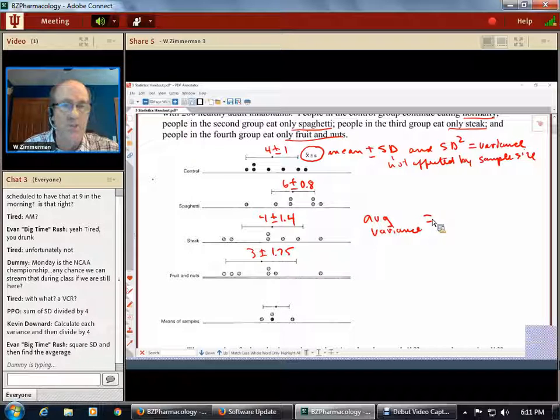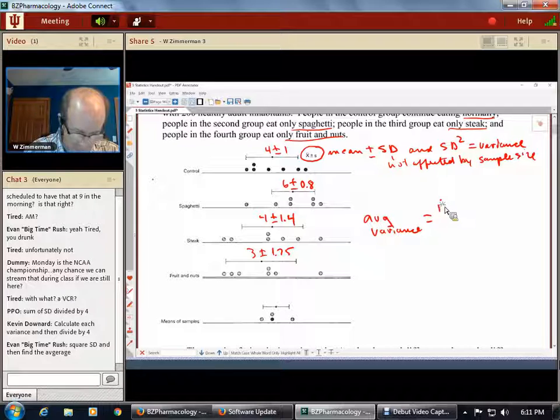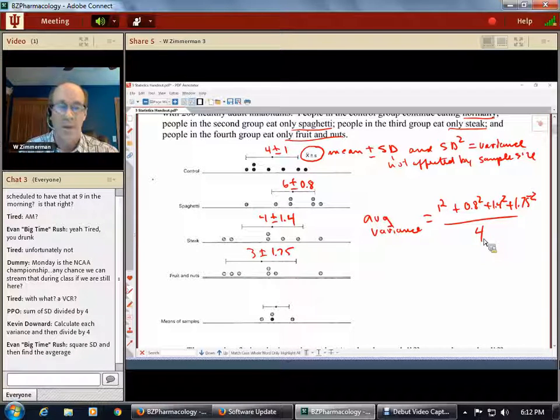I want the average variance. Yes, big time, that's it. So we'd go with 1 squared for the controls, plus 0.8 squared, plus 1.4 squared, plus 1.75 squared, divide that all by 4. And that's one way to figure out our average variance.